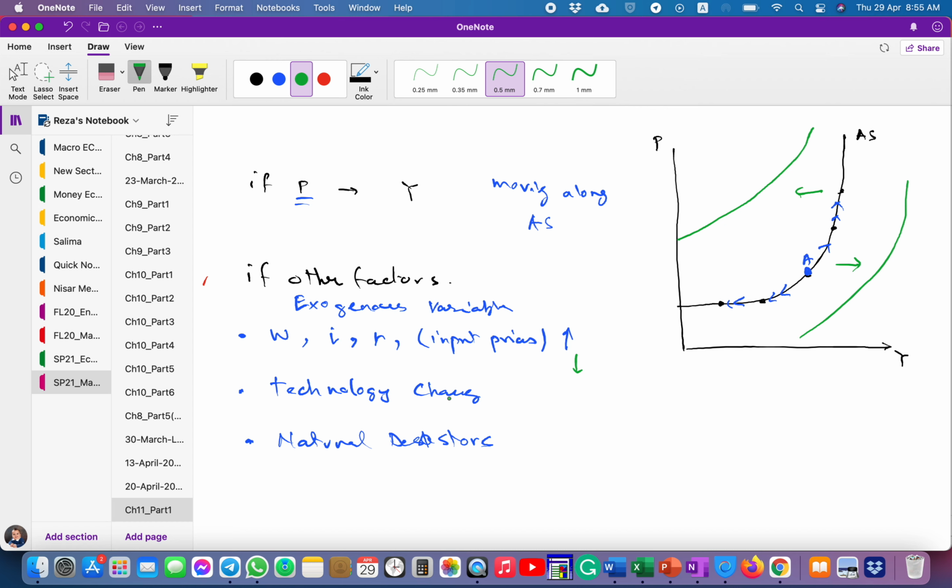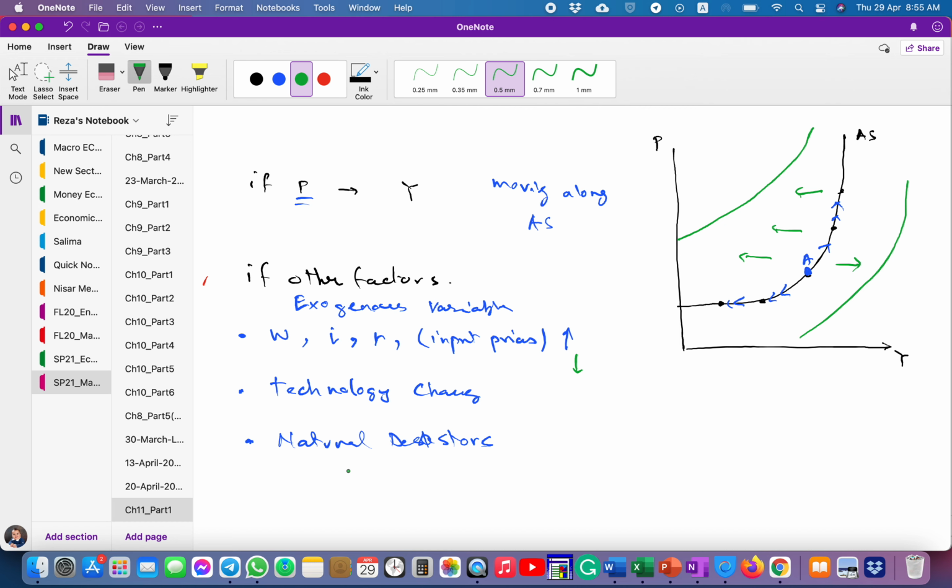Usually we don't downgrade our technology, but that is also possible, for example if a war happens, and a downgrade of the technology may cause a negative shift to the left. And with a natural disaster, if an earthquake comes or Hurricane Katrina hits the US economy in Florida, the aggregate supply shifts to the left.